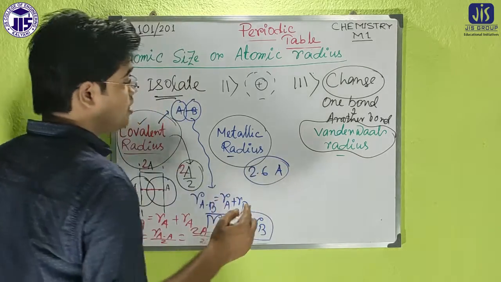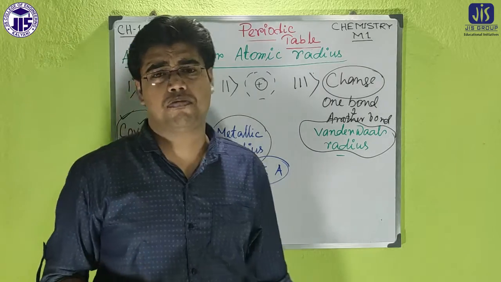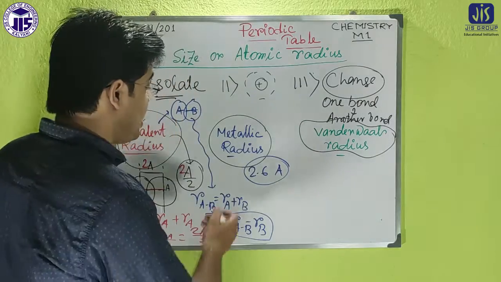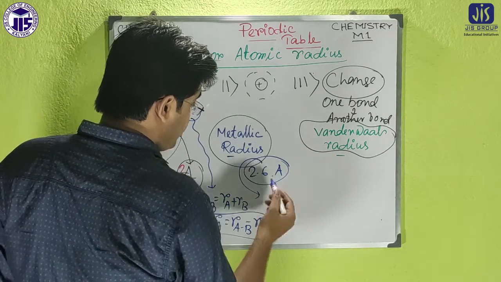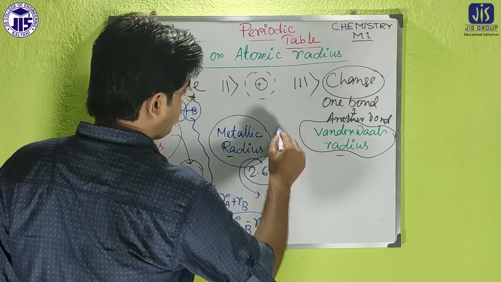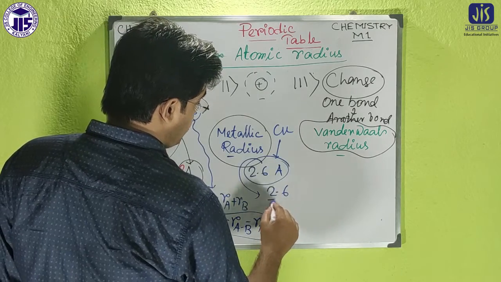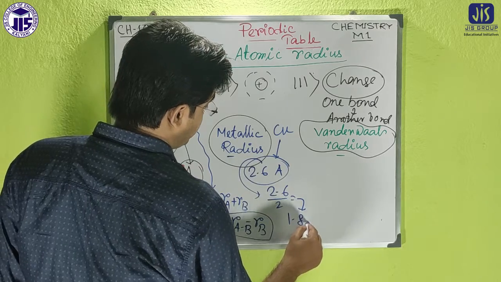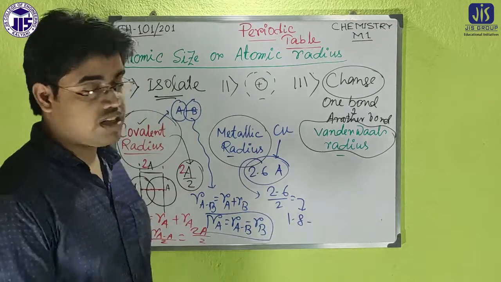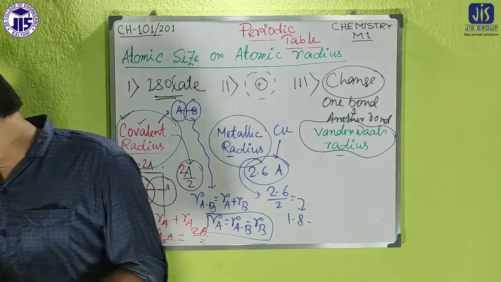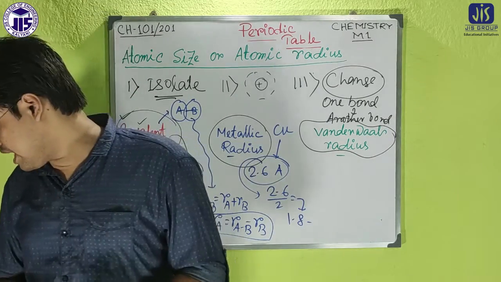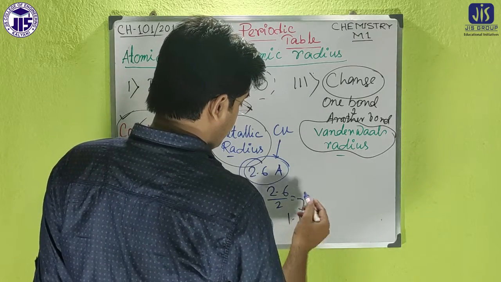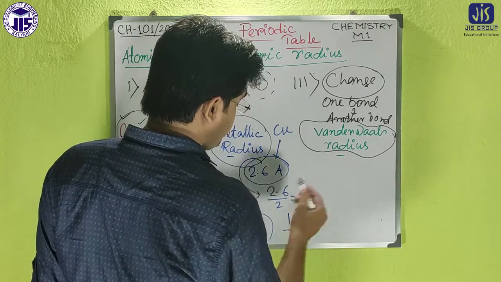Then obviously the metallic radius for copper will be 2.6 by 2, which is about 1.3 angstrom.